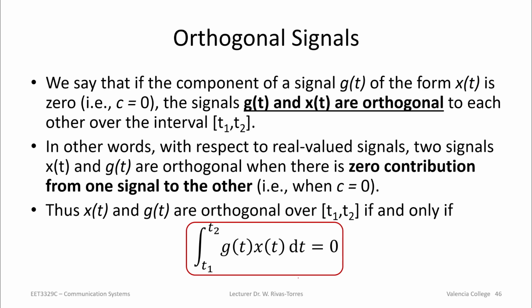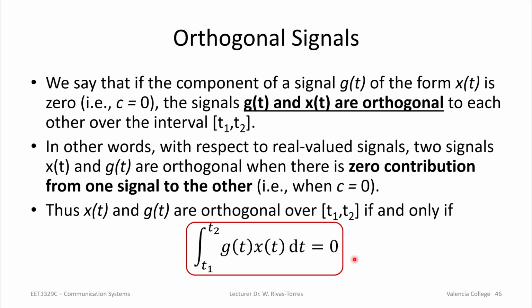The energy would not make sense to be 0, so the only way that ratio of those two integrals is 0 is if the numerator is 0. So two signals, x of t and g of t, are orthogonal over that interval if and only if the integral of the product equals 0, which is a remarkable result.